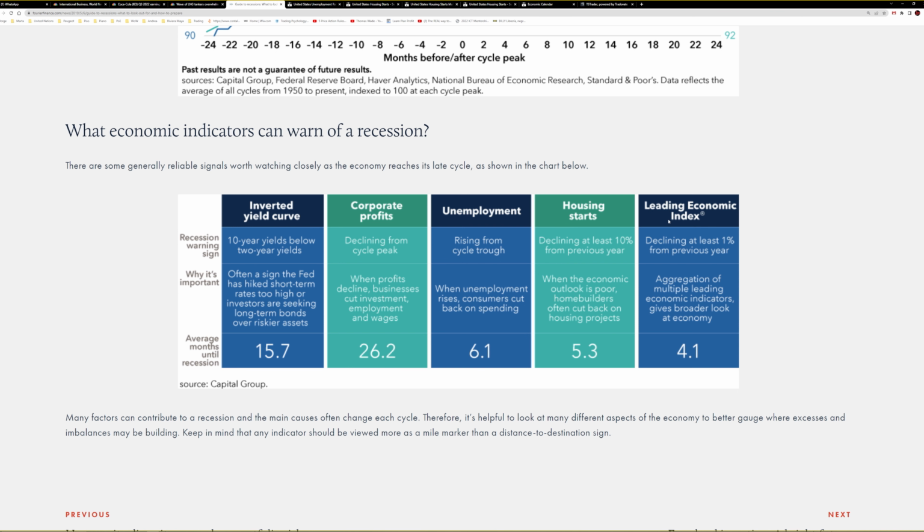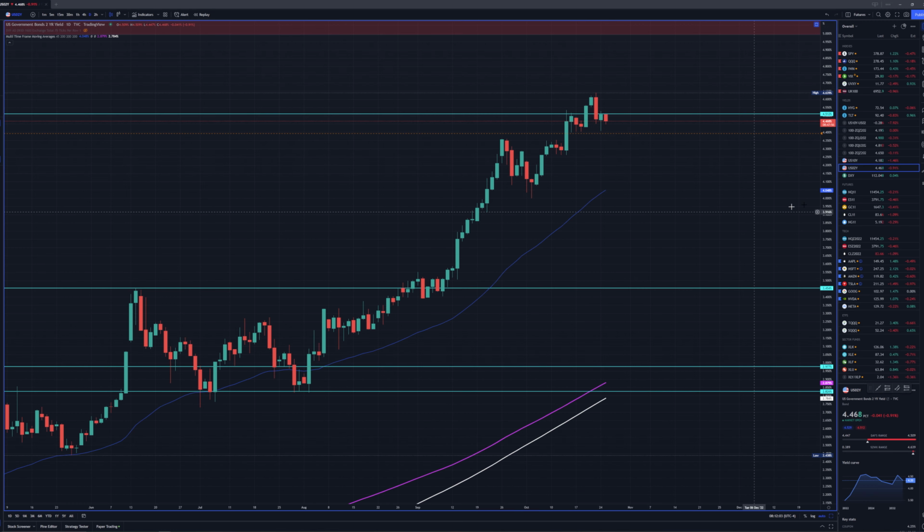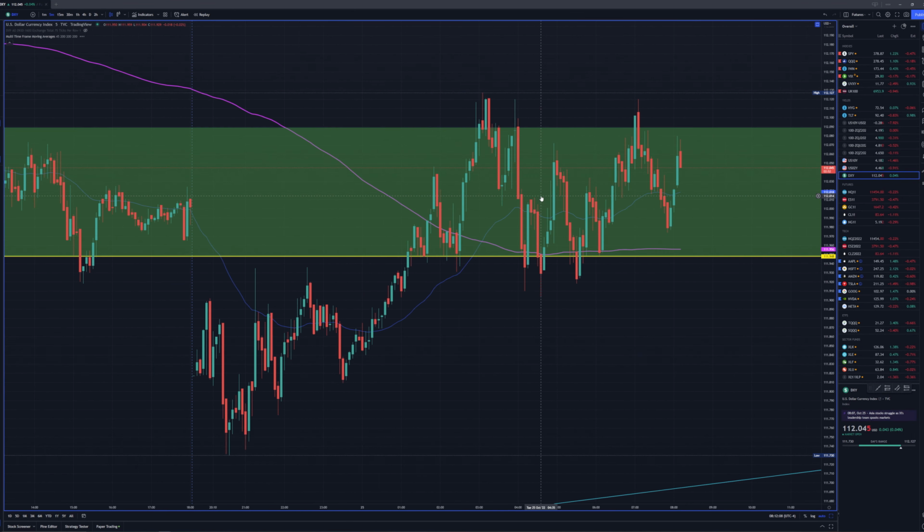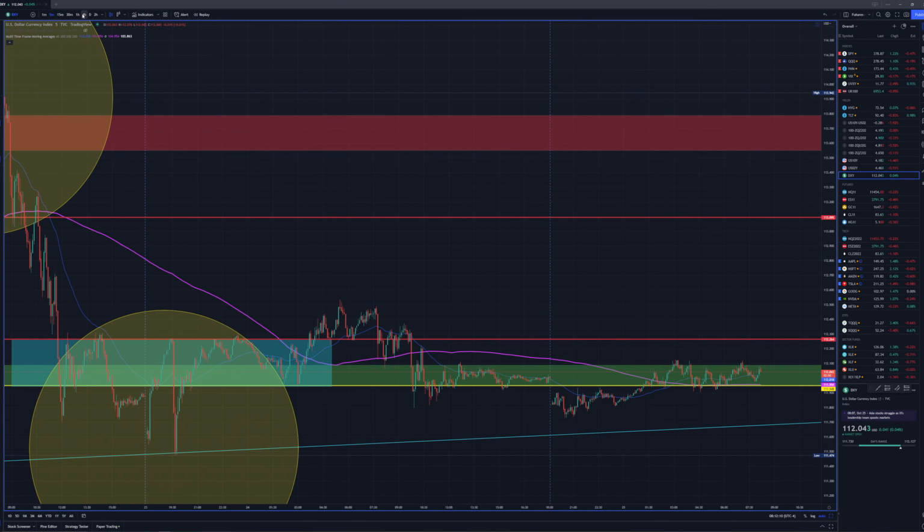And the rest that you have to be aware of is leading economic indicators. These kinds of indicators are very different from trader to trader, from investor to investor, but one of the things I would like to point out is that the dollar is very strong right now, and the dollar needs to chill.